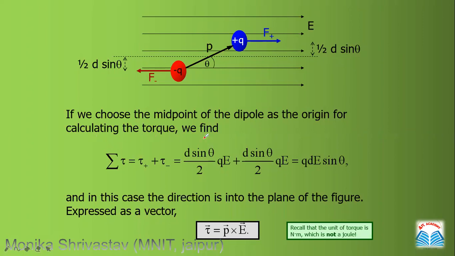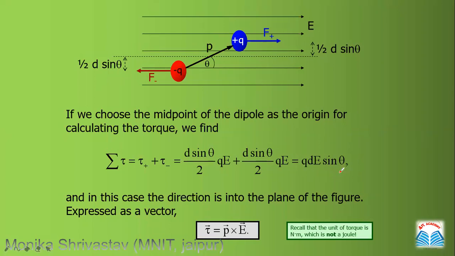Then we calculate the torque, so that the summation of tau equals tau plus plus tau minus, the torque for the plus charge and the torque for the minus charge. We get these results, and hence the final result is qd sine theta.